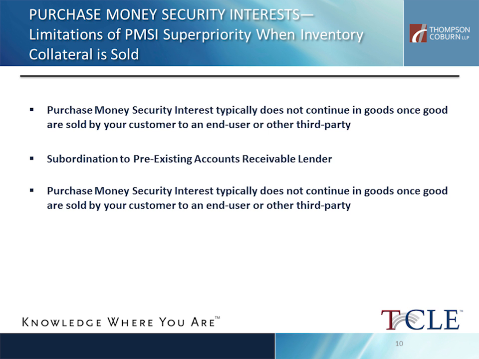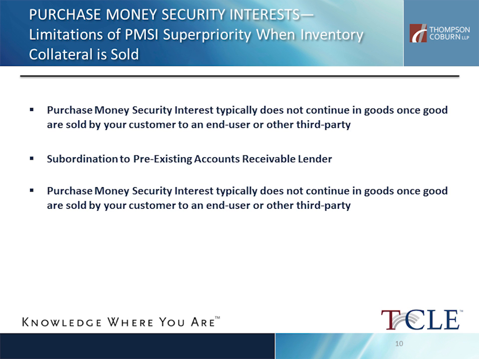So then the question arises, well, what about the proceeds that my customer receives? Am I going to have any type of lien rights with regard to those proceeds? Well, if your customer sells the goods on credit to a third party, let's say on 30-day credit terms, that's going to give rise to an account receivable that's owing to your customer, and you will have lien rights on that account receivable.